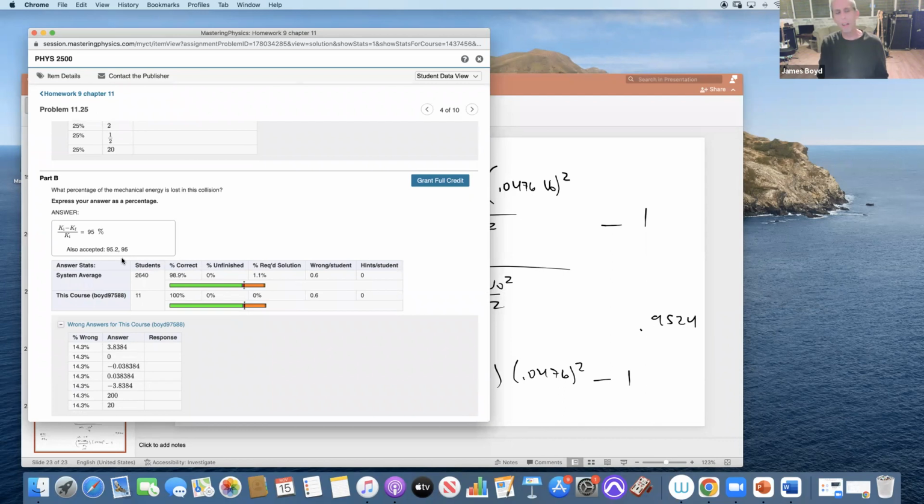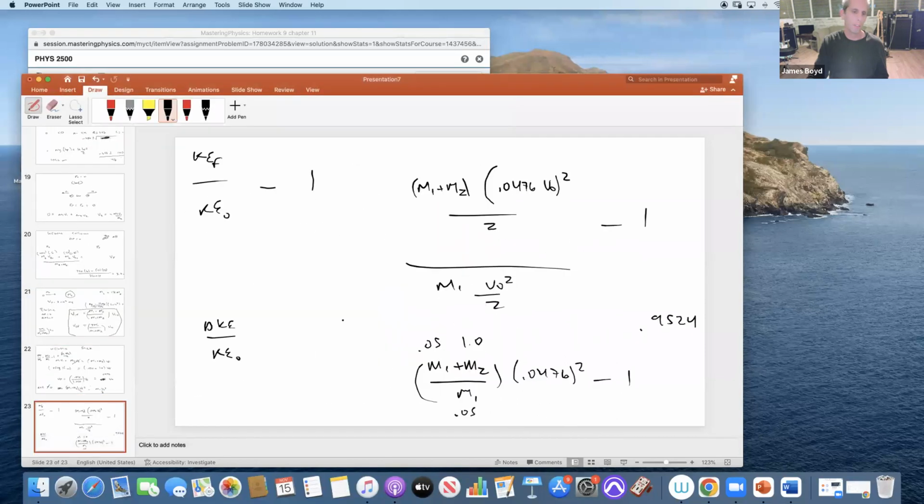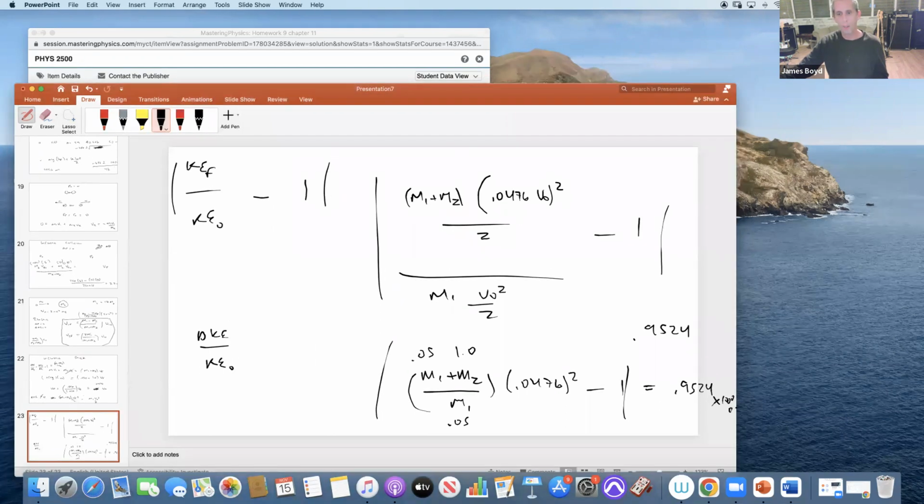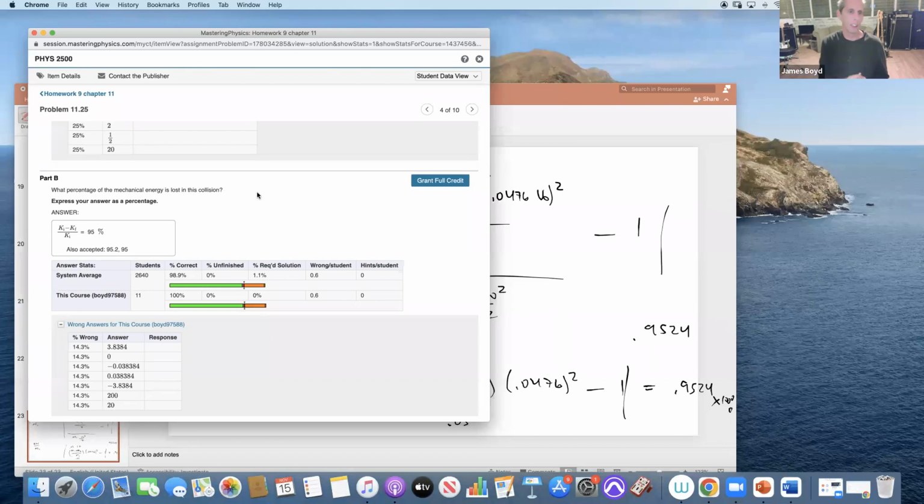Take the absolute value. This is a percentage, so this is 0.9524 times 100%. So about 95% of the energy is lost.